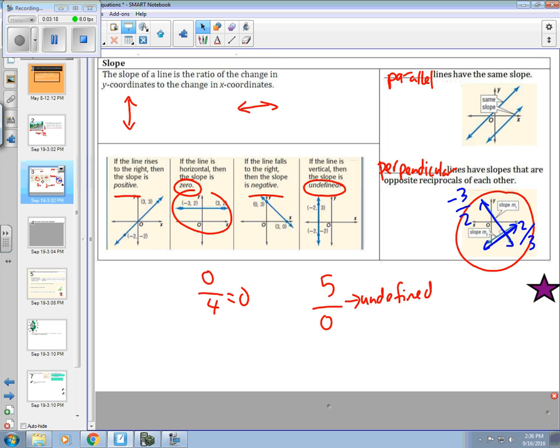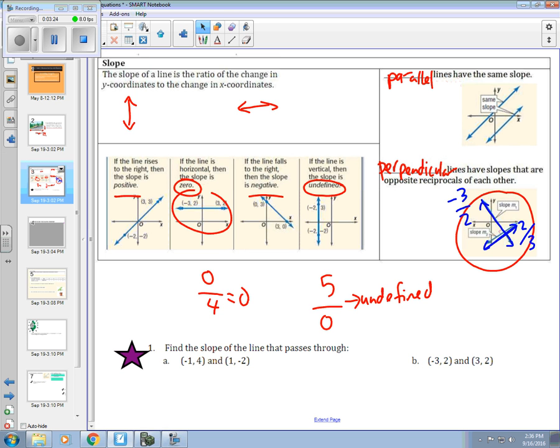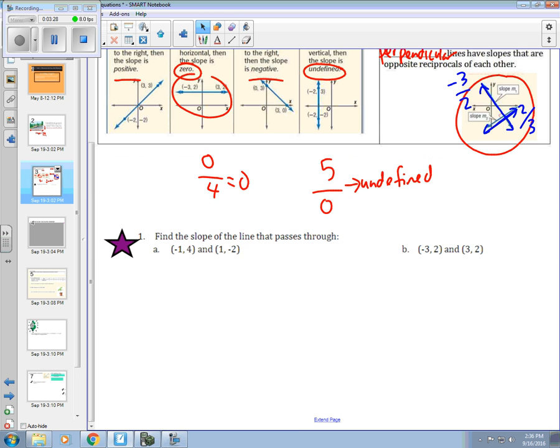All right, so let's try one of these. Number 1 here, they want us to find the slope of the line passing through these points. Well, we can do this by finding rise over run. And another way of writing rise over run is to find the difference in your y's over the difference in your x's.